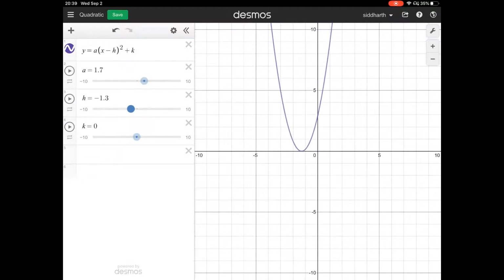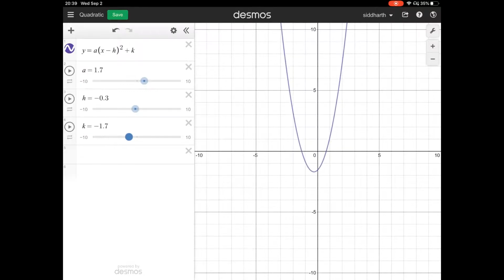This defines a horizontal translation. Now, what about k? When I move k, you can see that the graph moves up if k is positive, and it's below the x-axis when k is negative. That means that k defines a vertical translation.